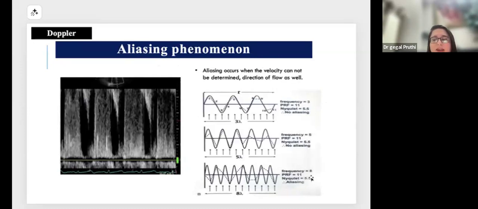If you have a 5.5 Nyquist limit, that is the maximum frequency which you can accurately interpret, but your frequency is 8, then you will have aliasing and you have wraparound, and you will not be able to see properly the full spectral Doppler. So that is when you will have the aliasing coming in, and then you can switch for the higher velocities, you can switch to continuous wave Doppler for such velocities.